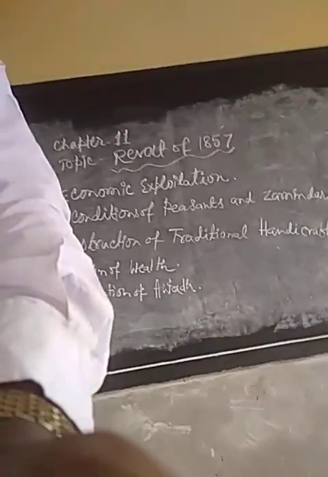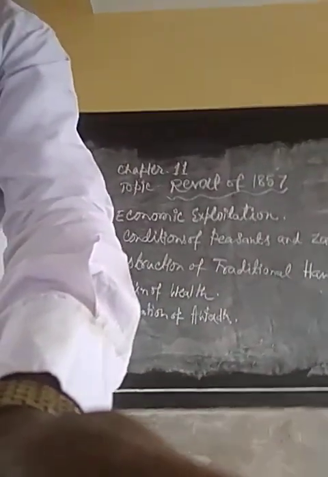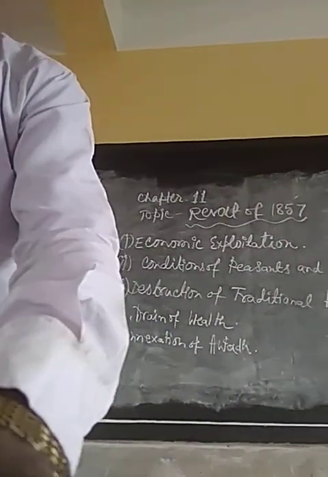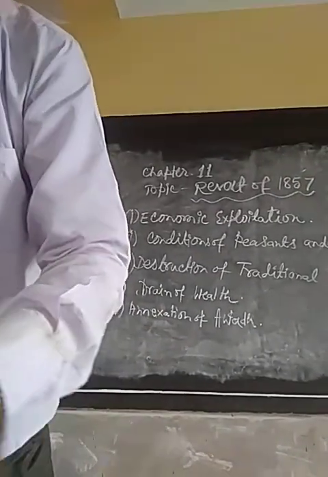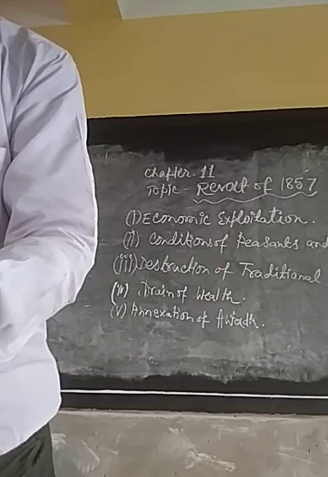First point, economic exploitation. Economic exploitation was the most important cause of the revolt of 1857.